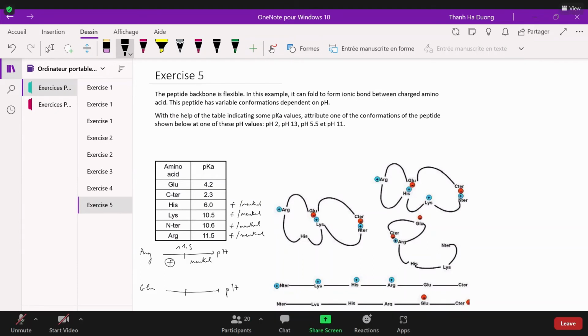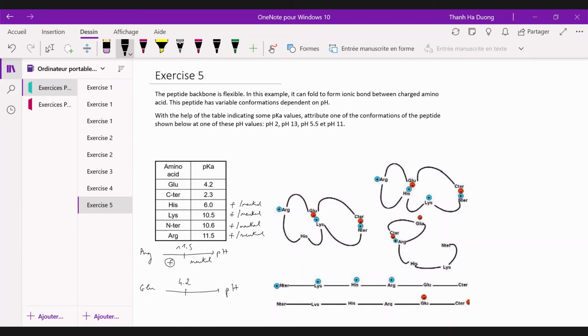When the pH is lower than the pKa, it is neutral, and when it is higher than the pKa, it is negative. So you have neutral and negative, and also the same for the C side of your protein. Did I answer your question?